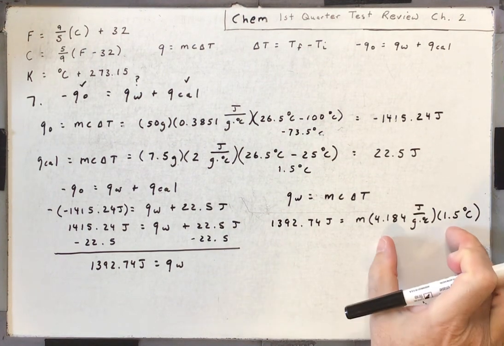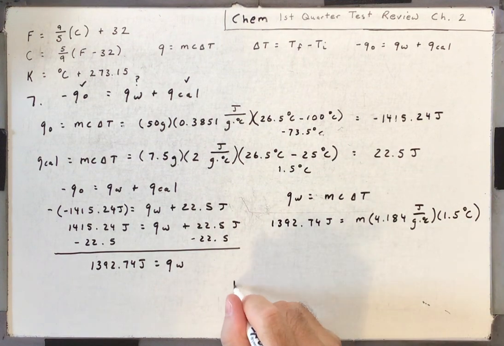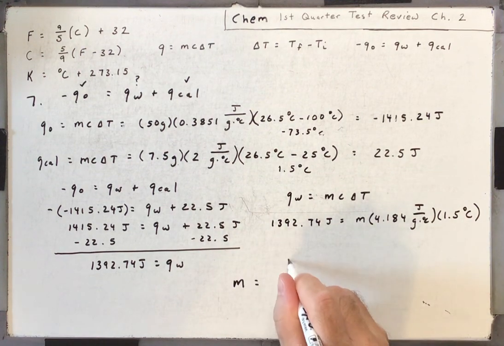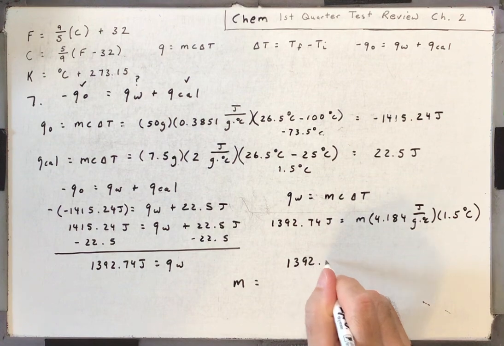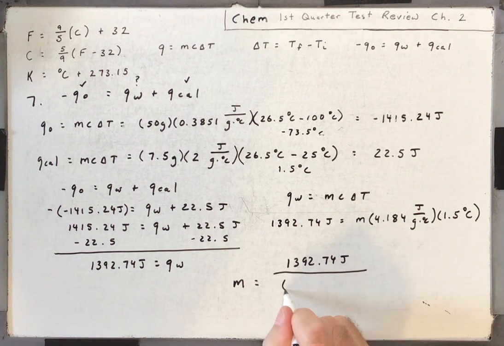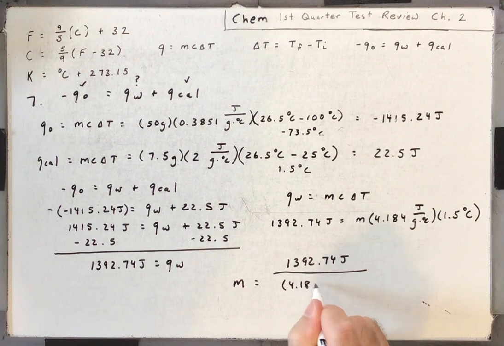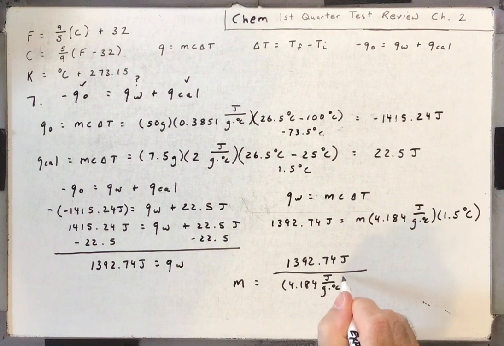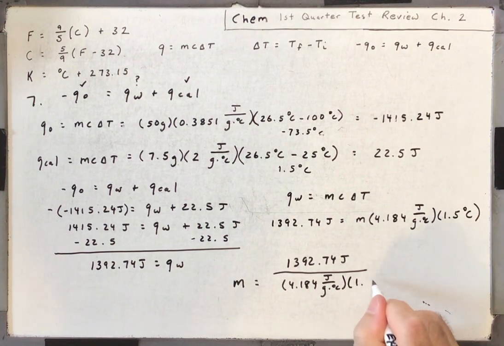So I'm going to bring these two underneath. So the mass of the water is 1392.74 divided by 4.184 times 1.5.